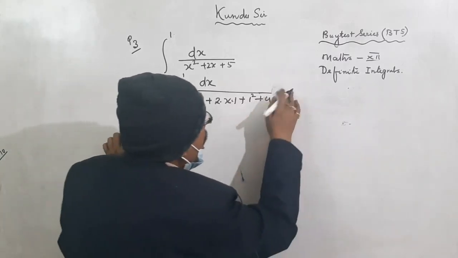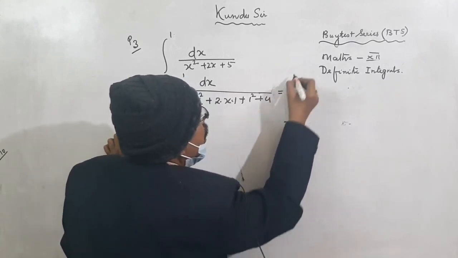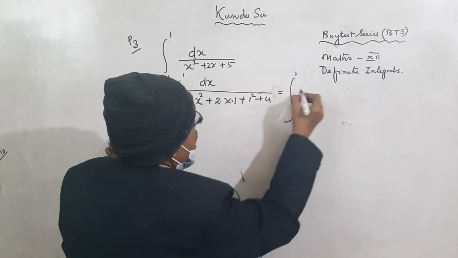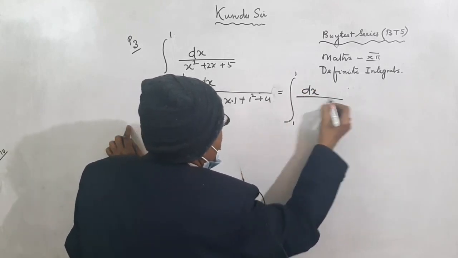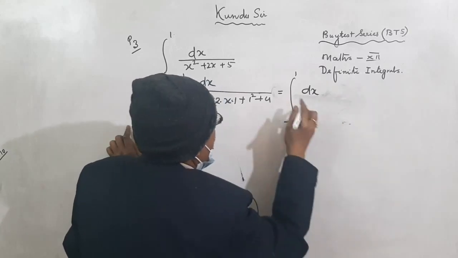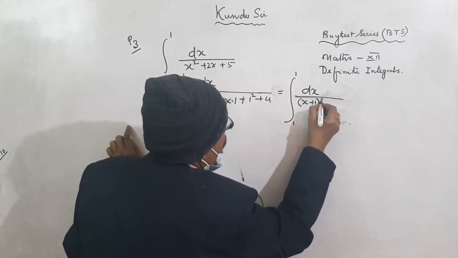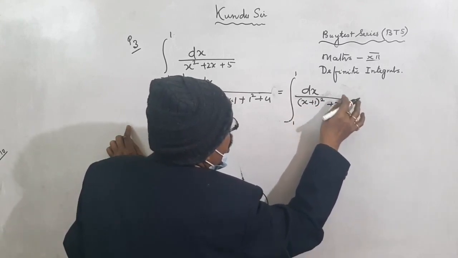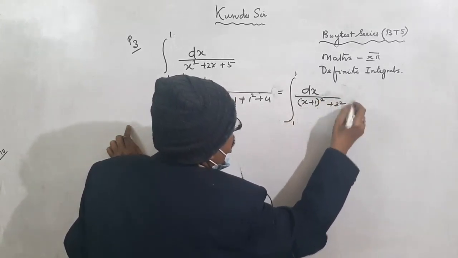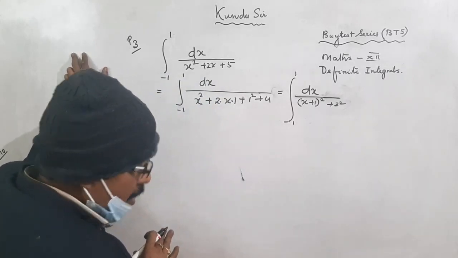That is equal to minus 1 to plus 1 dx upon x plus 1 whole square plus 2 square.